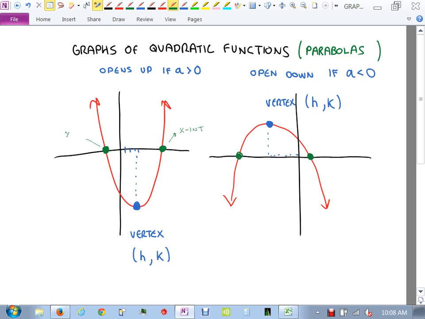Right here, this is an x-intercept. This is an x-intercept. This is an x-intercept. One more point on the graph that's interesting. This one here and this one here. That's your y-intercept.